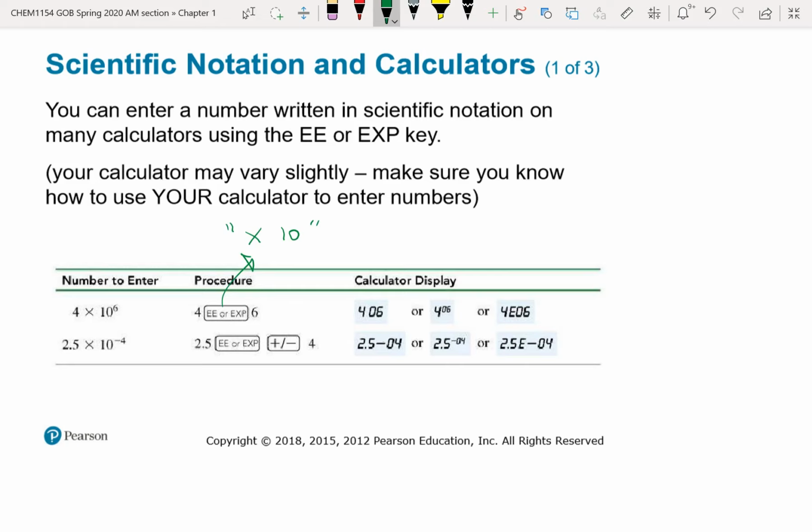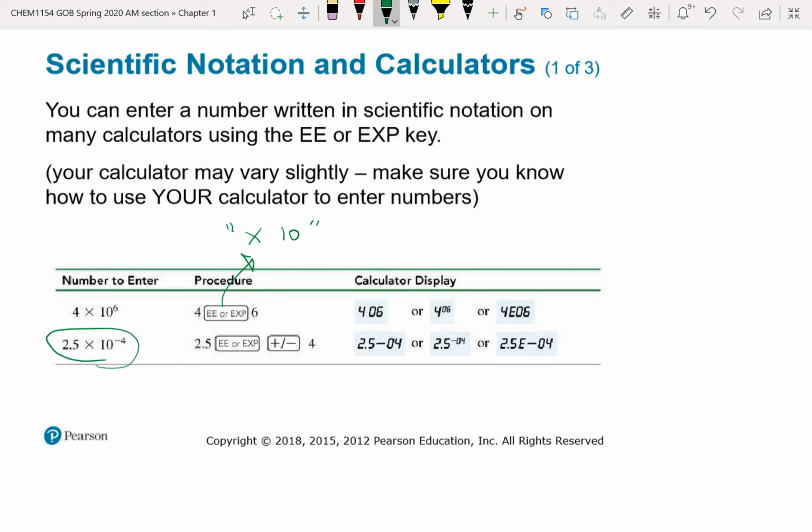Let's enter one with a negative exponent, a small number. So 2.5 times 10 to the negative 4. Let's enter that the same way. So 2.5, and then either the EE or the EXP or the 10 to the x. And now you have to enter a negative number, right? So you hit the plus minus button or the minus sign down at the bottom, that's in parentheses.